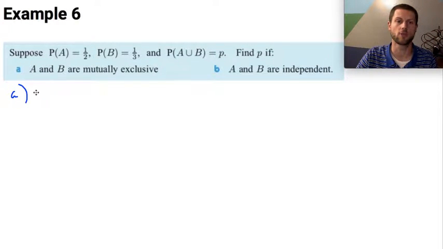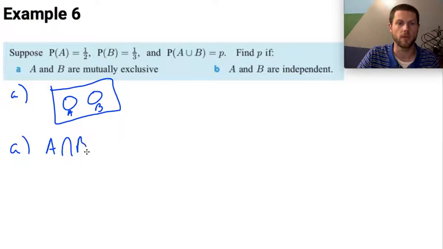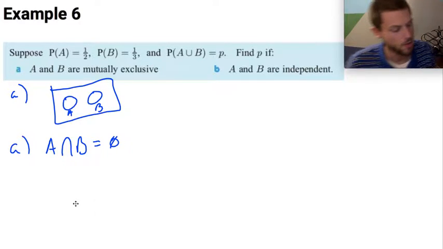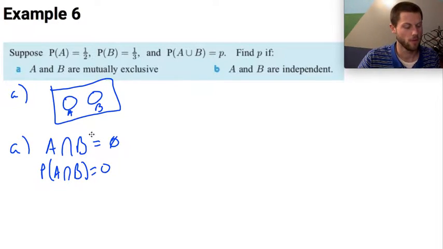If they're mutually exclusive, remember that means I'm going to have two circles that do not intersect in my Venn diagram. So what do I know about mutually exclusive events? I know that the intersection of A and B is equal to the empty set, or the null set. So the probability of A and B is equal to 0.